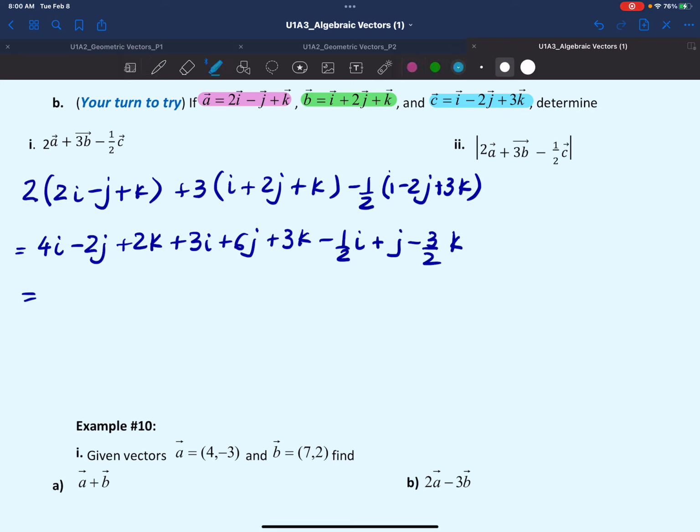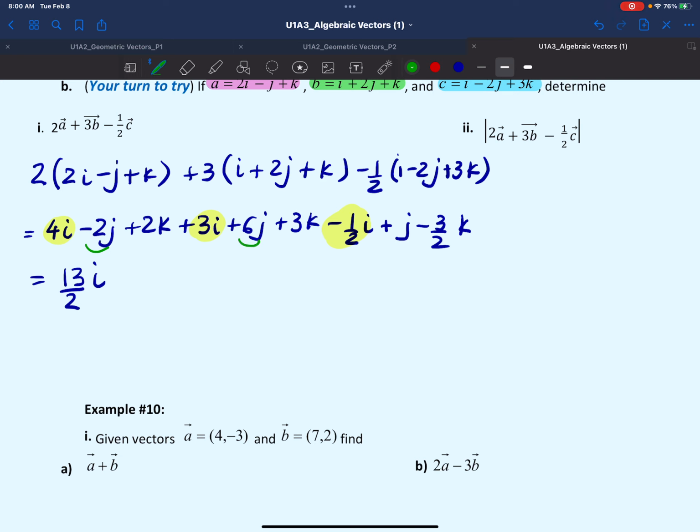So for j's, we have negative 2j plus 6j plus 1j, so 7 minus 2, that's 5j's. And 2k plus 3k minus 3 over 2 k, that would equal 2 plus 3, 5, minus 1.5, 3.5, which is 7 over 2 k. So again, don't forget the vector symbol everywhere, and this is going to be quite some work now.